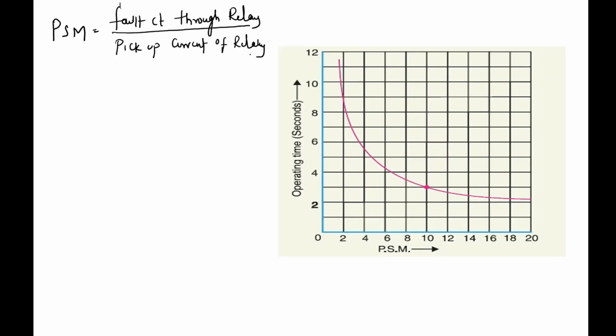Pickup current IP is equal to current setting multiplied by rated CT secondary current.